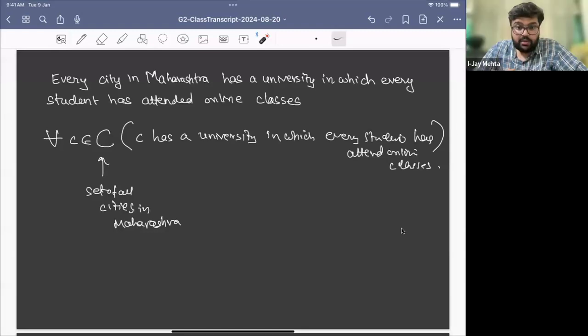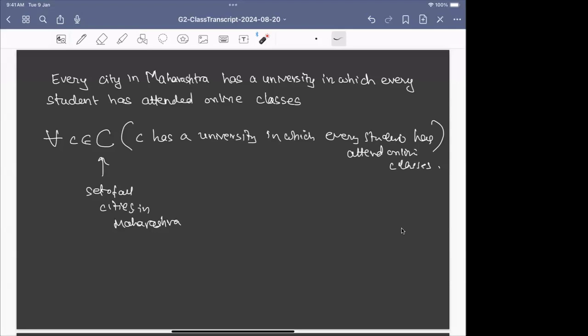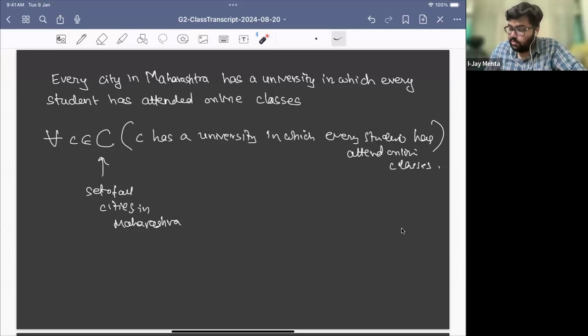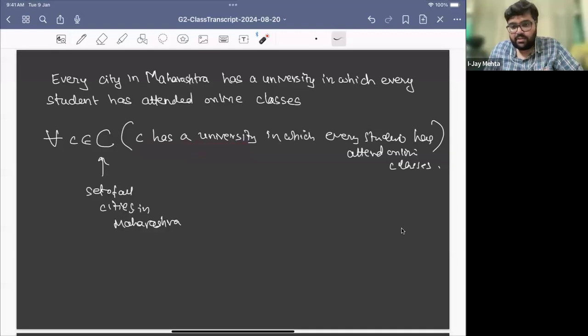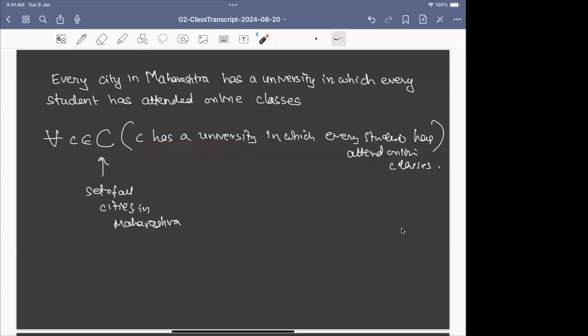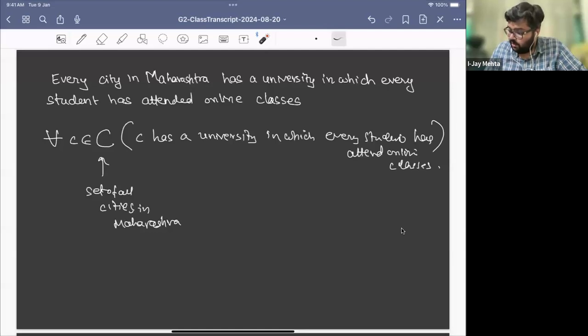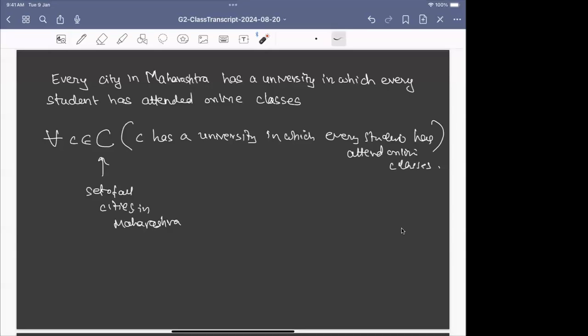Are we talking about students in the city? No, university. So which university? We are talking about a university in C. Yes, very good. If I go to Mumbai, Mumbai has a university, so we are talking about universities in Mumbai. Is it clear? Yes, sir. And what are we talking about? All the students of that university have attended online classes. Is it clear now? Yes, sir.